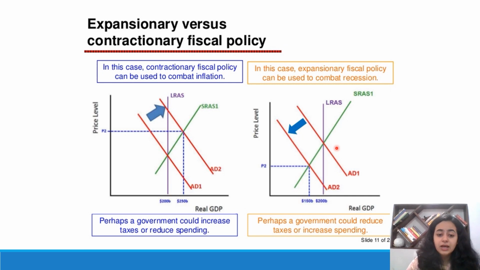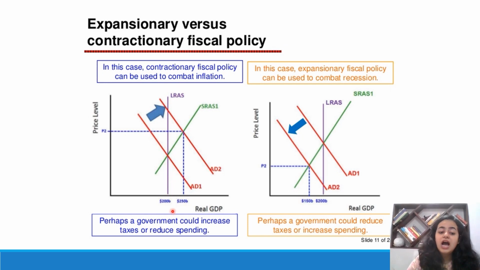But suppose I am in a situation where my equilibrium is beyond the long run aggregate supply curve. If I'm here, then what do I do? I need to reduce my aggregate demand and bring it back to the long run aggregate supply. In this case, what can the government do?